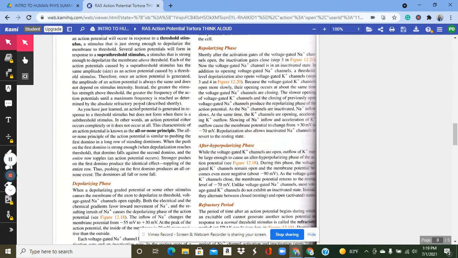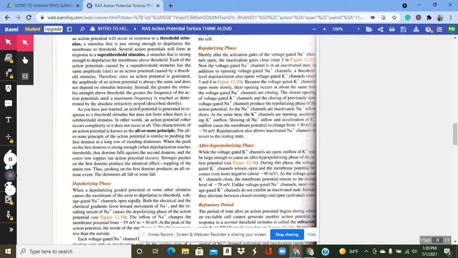Okay, so moving on. As you have just learned, an action potential is generated in response to a threshold stimulus but does not form when there is a subthreshold stimulus. In other words, an action potential either occurs completely or it does not occur at all. This characteristic is known as the all or none principle.